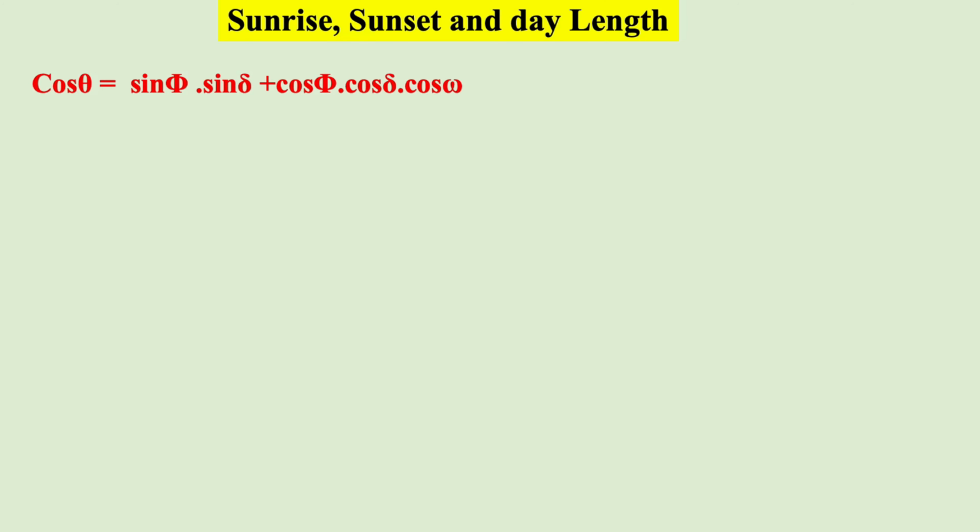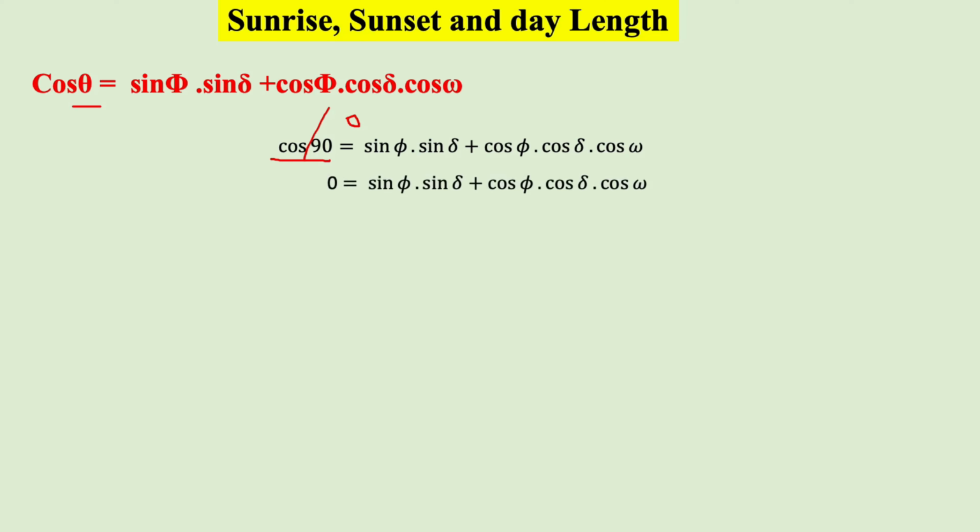If we place theta equal to 90 degrees, the equation will be cos 90 equal to sin phi sin delta plus cos phi cos delta cos omega. We know that the value of cos 90 is 0. So we place the value of cos 90 here, and the equation will be 0 equal to sin phi sin delta plus cos phi cos delta cos omega.